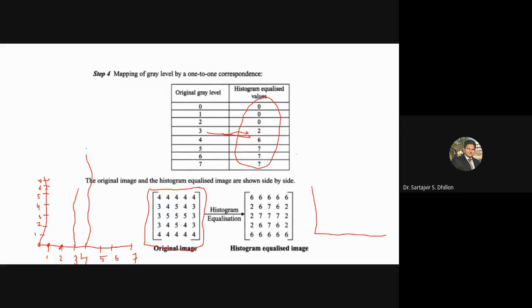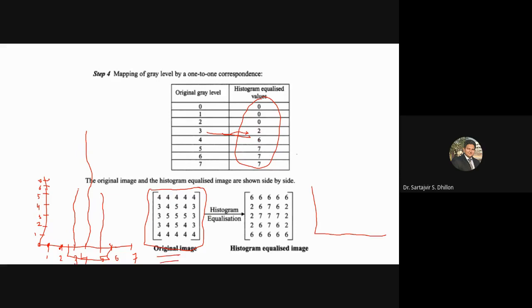That is beyond this one. And how many fives are there? We have five fives. And how many sixes are there? There is no six. So definitely this is a histogram of that particular original image.